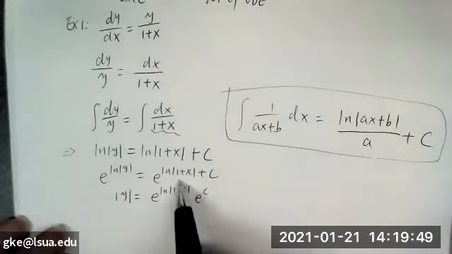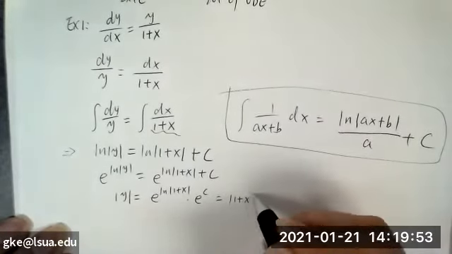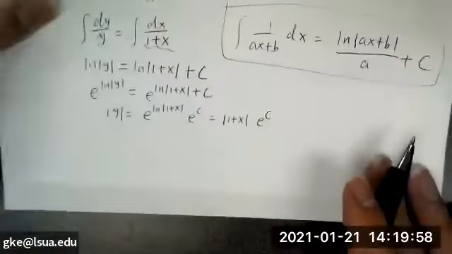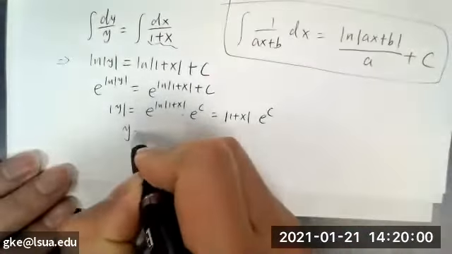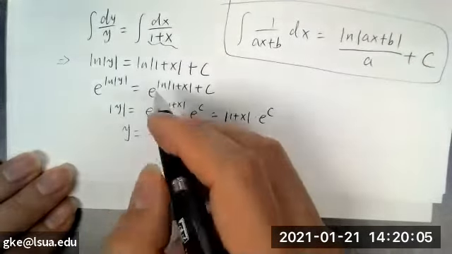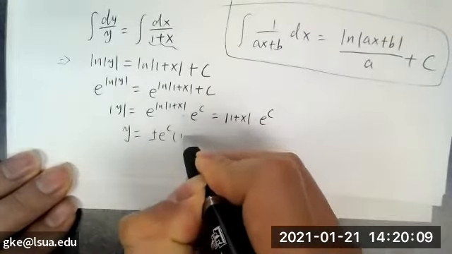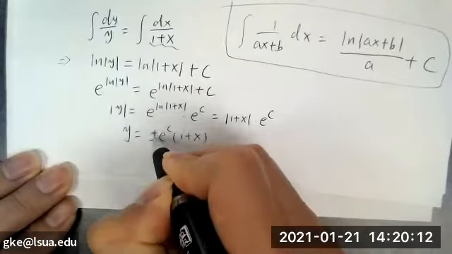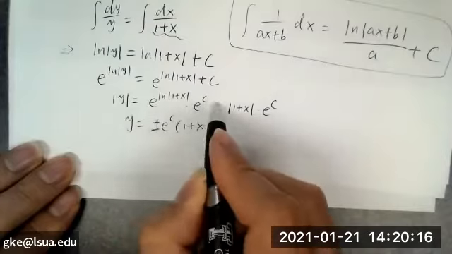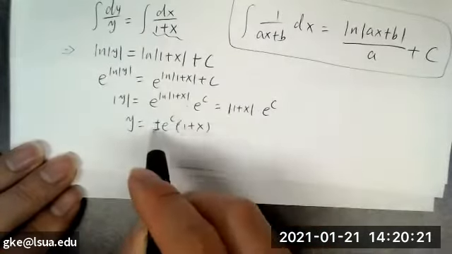And this guy boils down to 1 plus x. Okay, so basically we're gonna get y, positive or negative, because we have the absolute sign. When you remove the absolute sign, we're going to put a positive or negative.